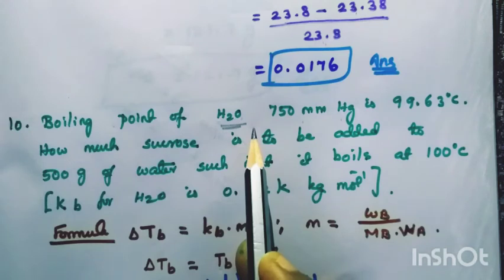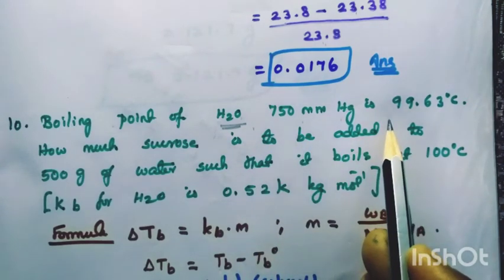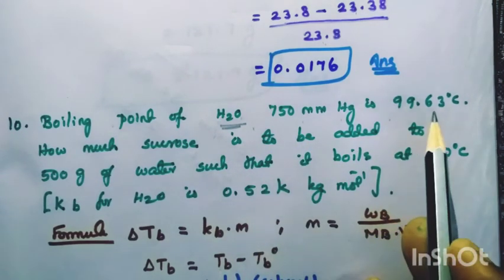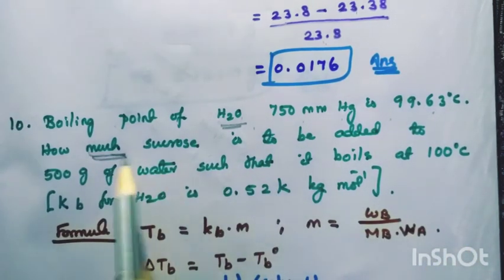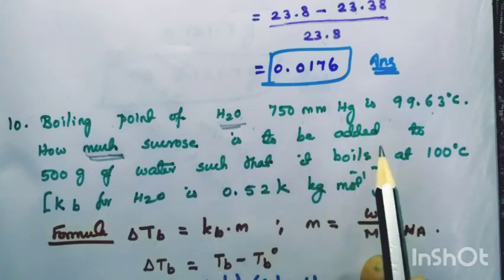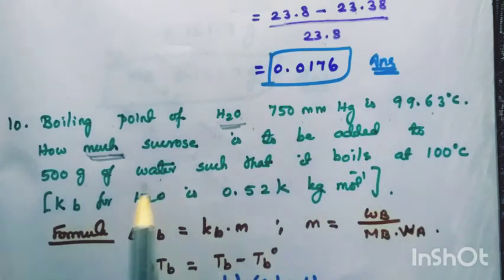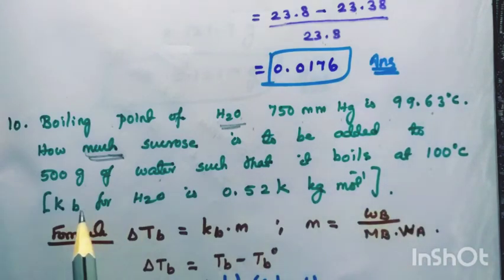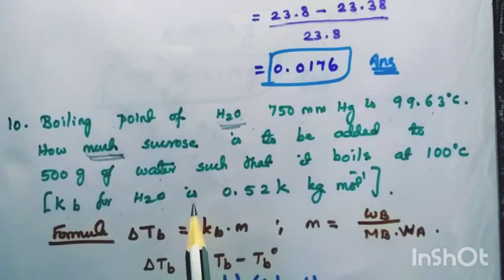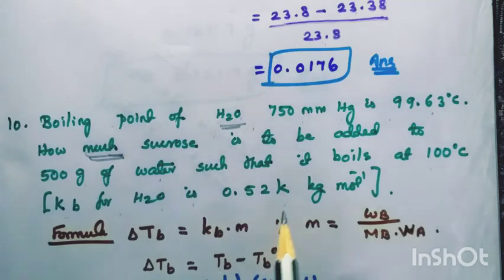So TB naught in mercury is this. How much sucrose amount we have to calculate? How much to be added to 500 gram of water such that it boils at 100 degrees Celsius. Kb for water is this one.